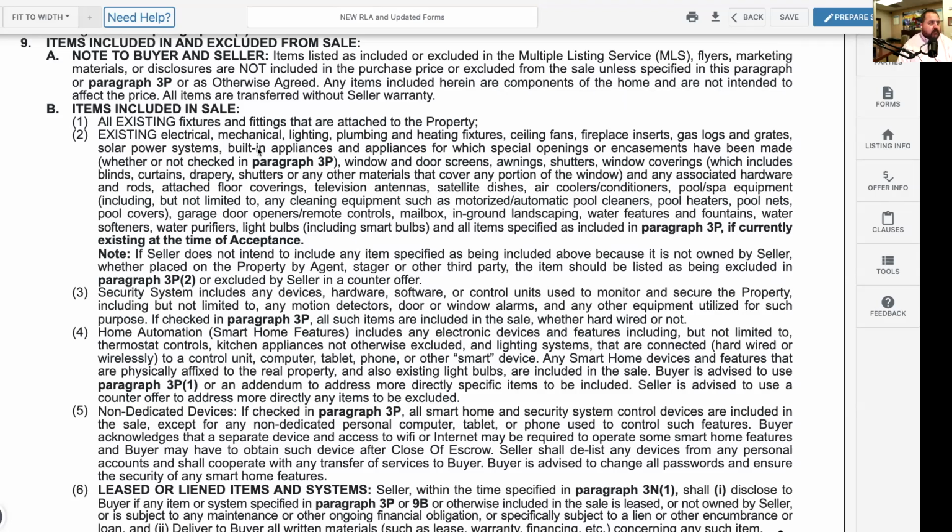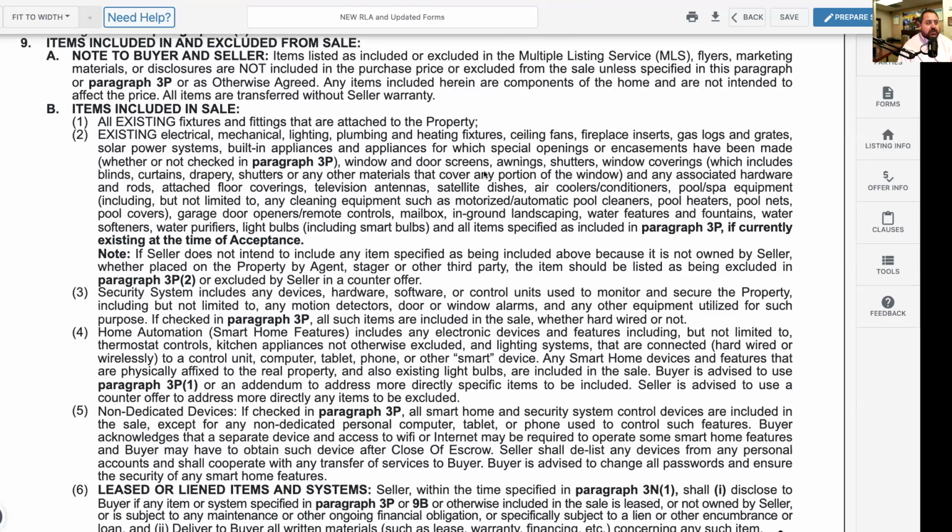But you can see here: electrical, mechanical, lighting, plumbing, heating fixtures, ceiling fans, fireplace inserts, gas logs and grates, solar power, built-in appliances, and appliances for special openings. So if they made a custom cabinet to fit something in there, even though it's not built in, it's supposed to stay.